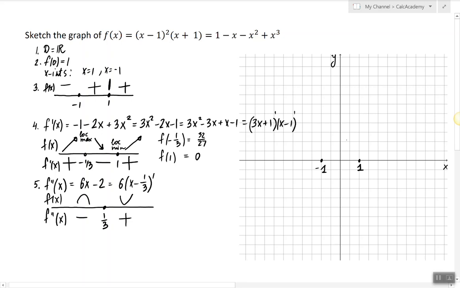At 0, the function is 1, so it bounces at 1, so it looks something like this, right? It bounces at 1 and it passes through -1.